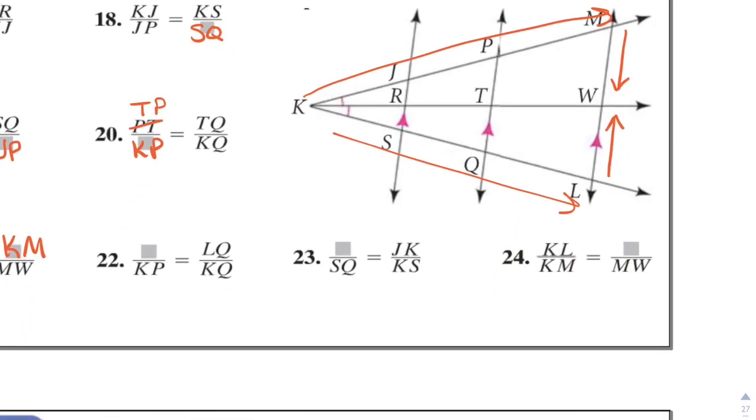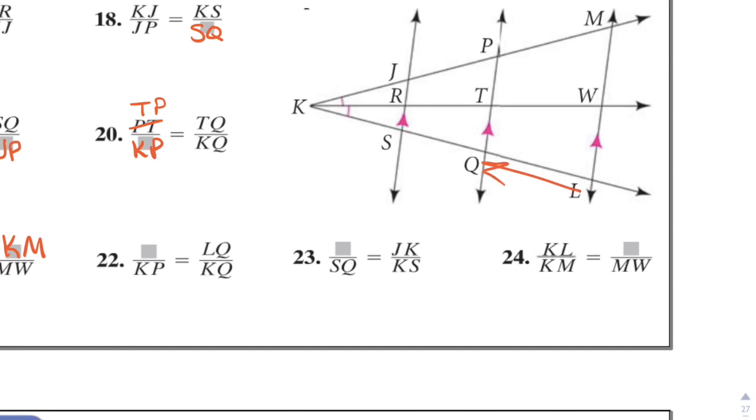Whoops, my apology. Now we have LQ, KQ, LQ, KQ, and KP was given. So what are we missing? Well, we're missing MP in this direction. So MP.